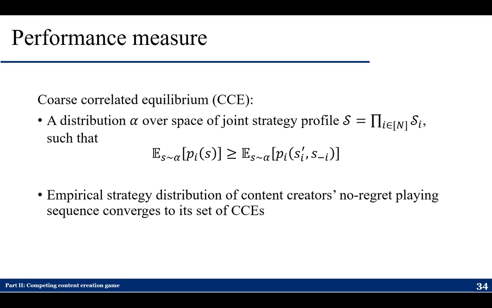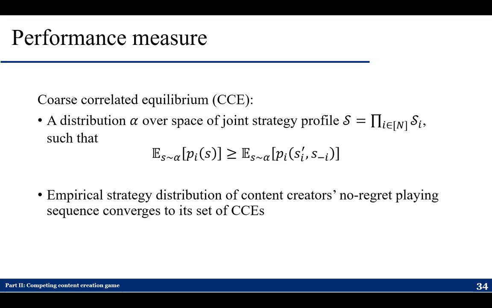And that's why we adopt the notion of the coarse correlated equilibrium. The reason is that if we assume each content creator is strategic, it is running some no-regret algorithm. Running a no-regret algorithm means it will run some smart algorithm and make smart decisions to actively maximize its payment.